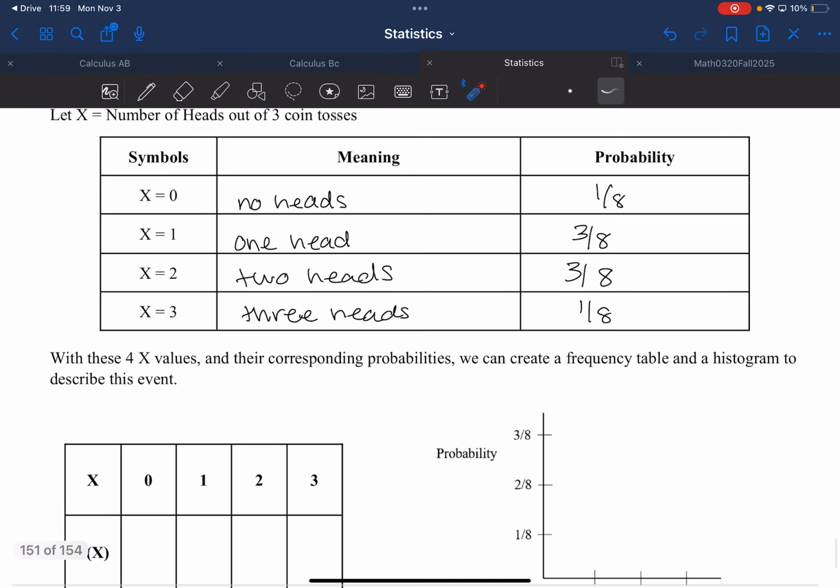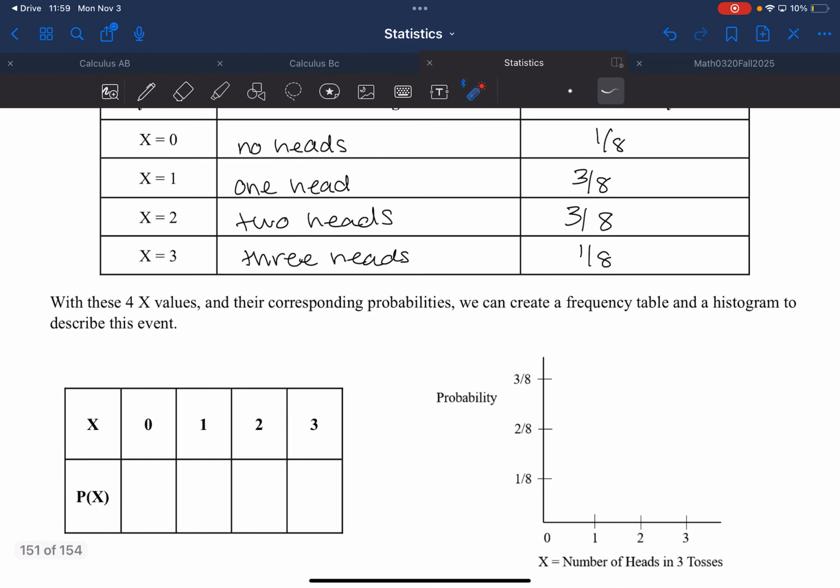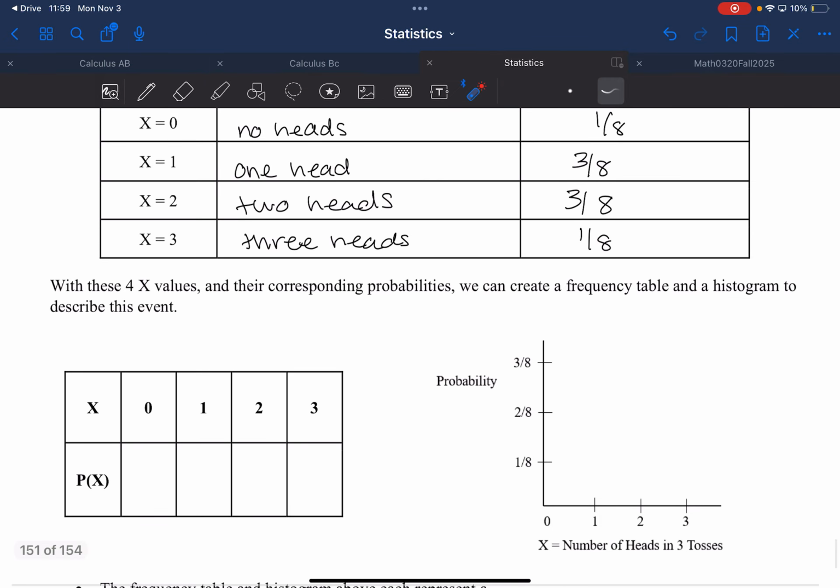Okay. Then it says, with these 4 x values and their corresponding probabilities, we can create a frequency table and a histogram. So each of these, we had x assigned to 0 to 3, and then we found the following probabilities. We found that 0 is 1/8, 1 is 3/8, 2 is 3/8, and 3 is 1/8. Okay? So if we were to plot this in a histogram, remember, histograms have bins that touch or don't touch?